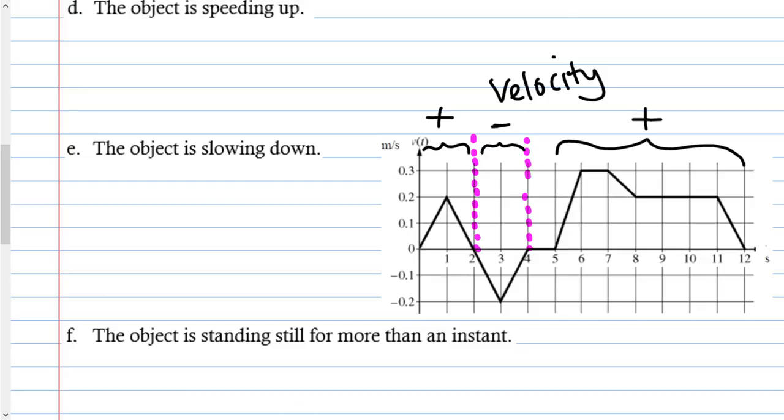Okay, from 4 to 5, velocity is constant. That means the object is at rest. You could put 0, whatever. And then from 5 to 12 is just increasing.